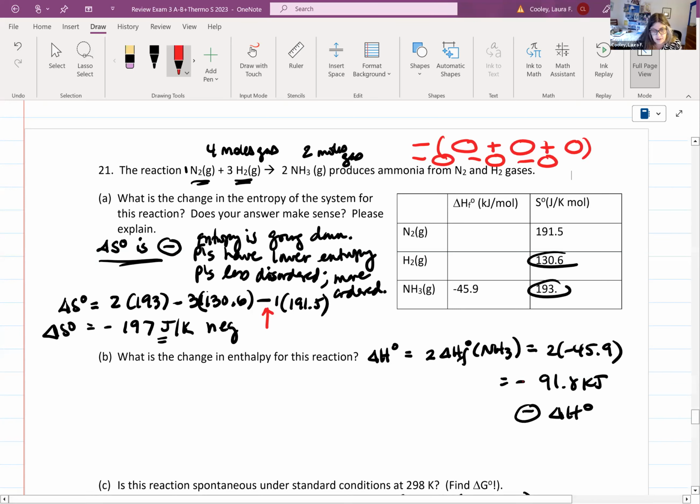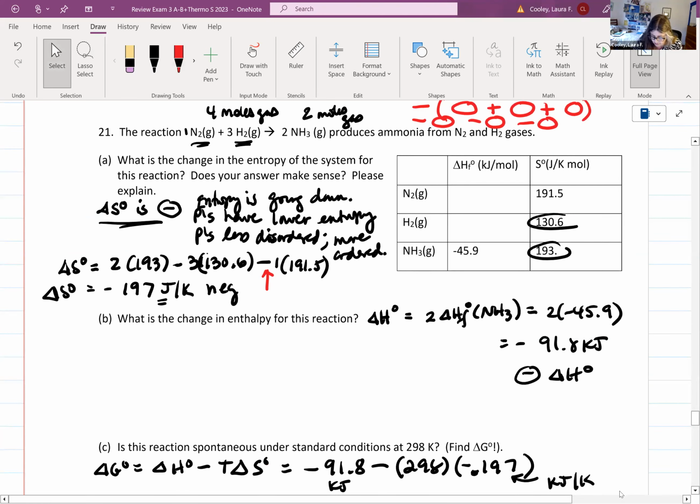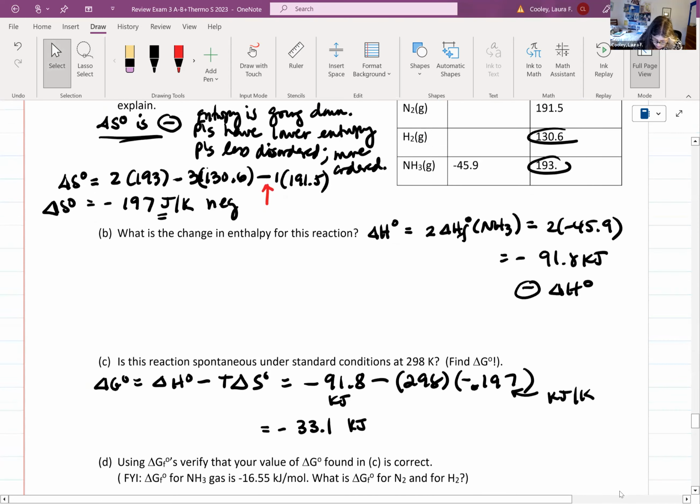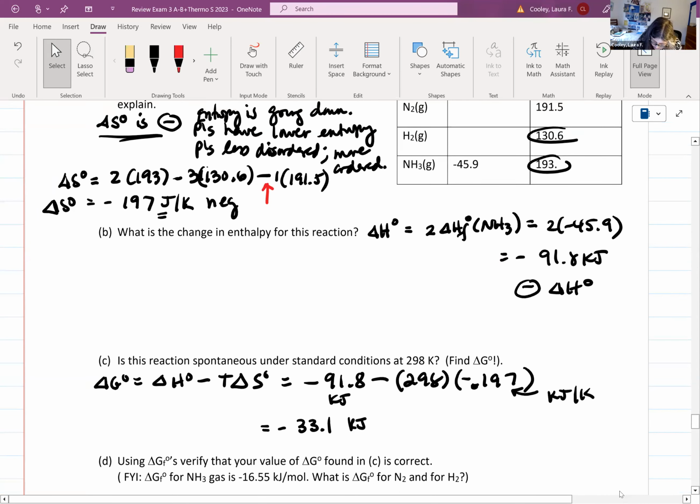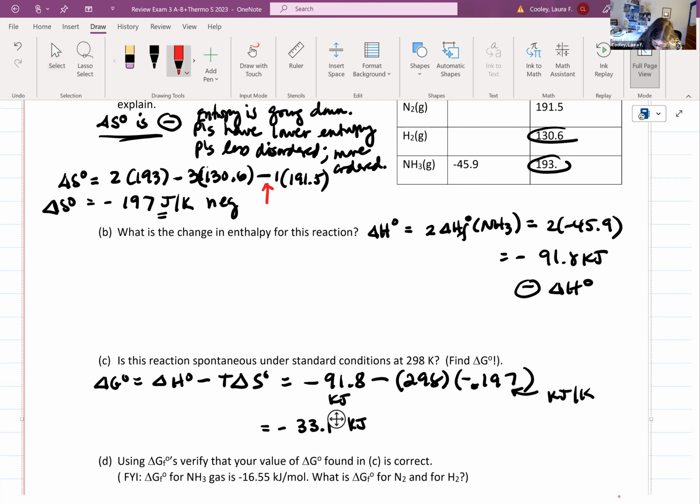Okay, so now we have to figure out if the reaction is spontaneous. We have two competing terms here, because the delta S is negative, so this is positive. But the delta H is a larger magnitude, apparently. This 298.